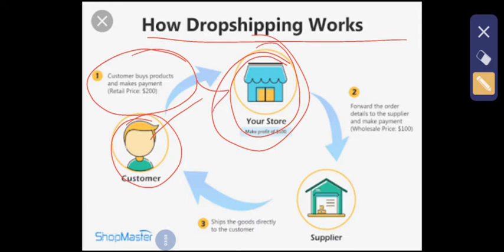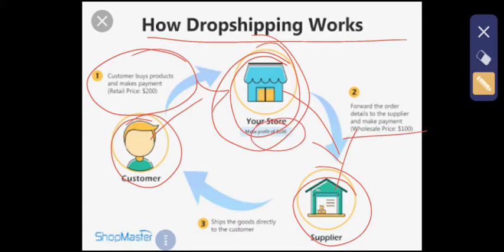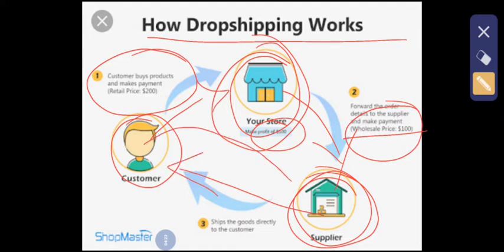Then you are going to decide to make an order to the external supplier. So for the external supplier, you are going to make a payment as a wholesale price of 100, and the remaining 100 will be profit for your business organization, and the 100 wholesale price is paid to the external supplier to supply the same product which is ordered by the customer.